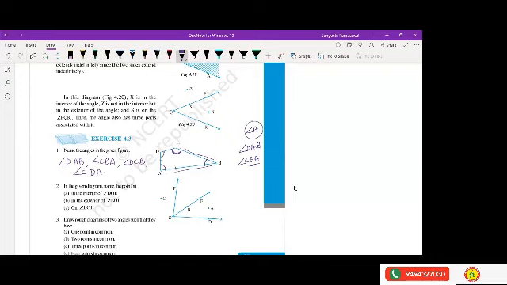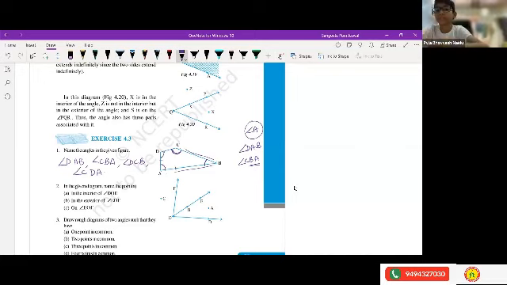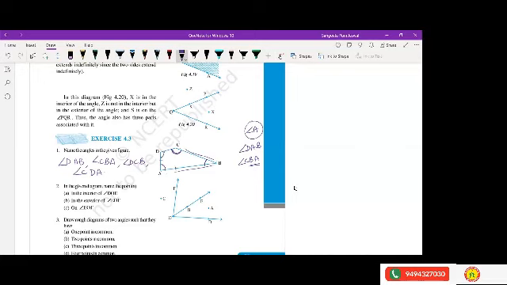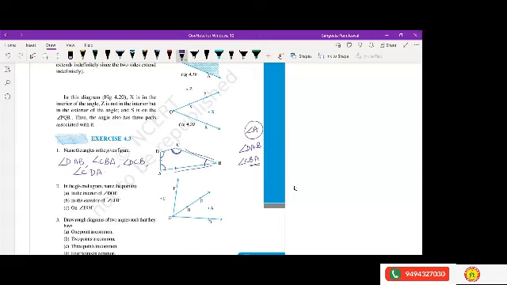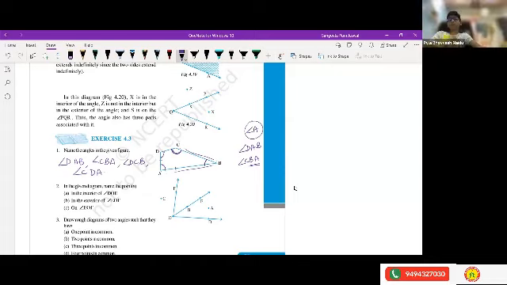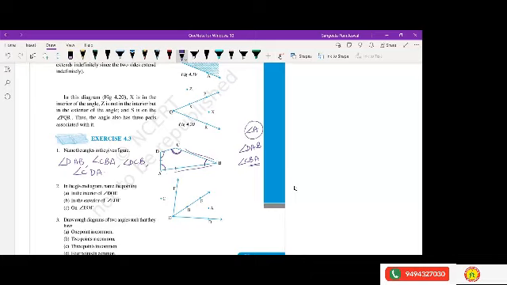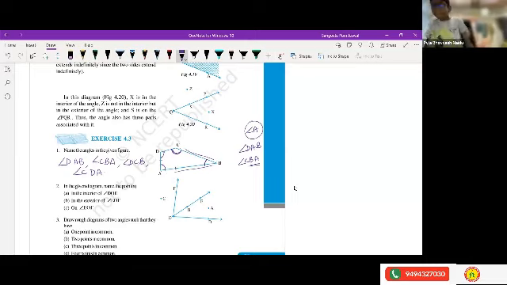In a quadrilateral, how many angles are there? Four. Quadrilateral is a four-sided figure. So how many angles does it have? Four angles. It's visible from this figure, is it?